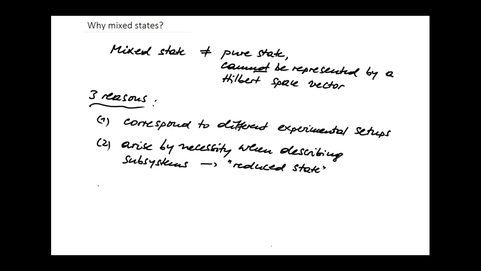Even if the total system is in a pure state, as soon as you want to describe just a part of the system, then this constituent is generally not in a pure state, and by necessity you will have to resort to mixed states. So mixed states, in other words, they arise by necessity when you describe subsystems. And we'll talk about the concept of a so-called reduced state.